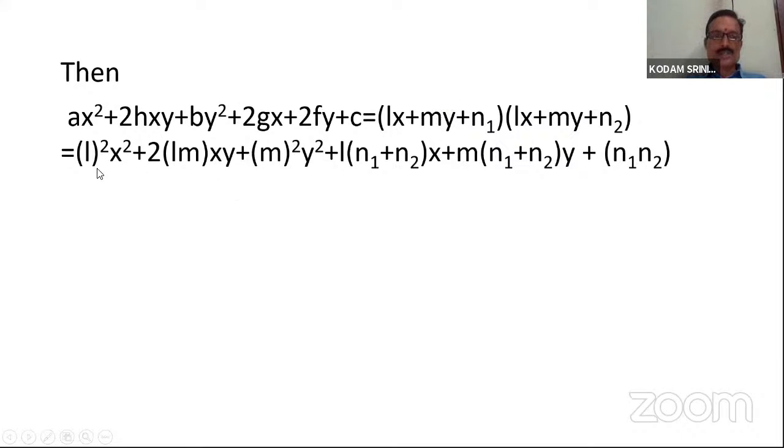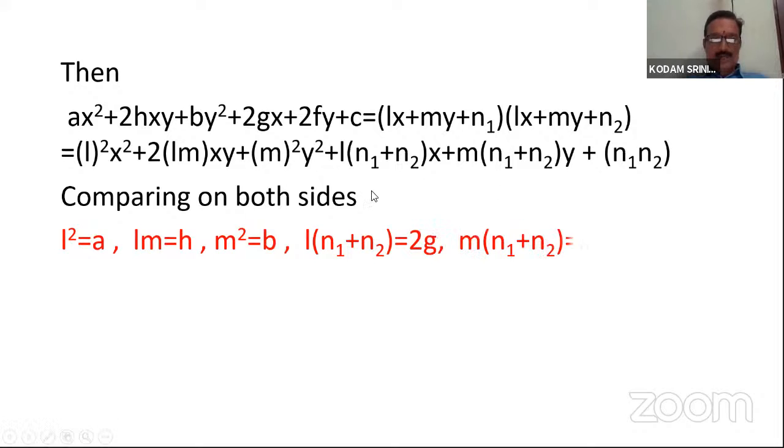Writing all these terms, we have l²x² + 2lmxy + m²y² + l(n1 + n2)x + m(n1 + n2)y, and at last the constant term n1n2.